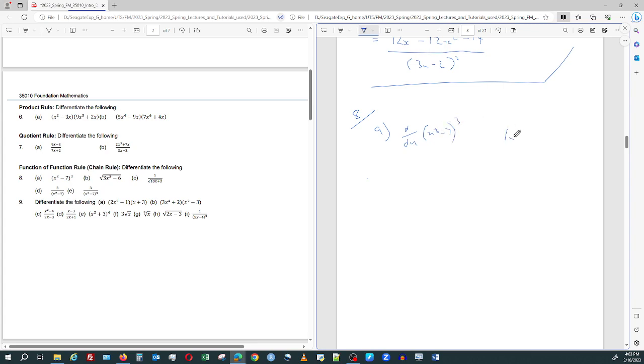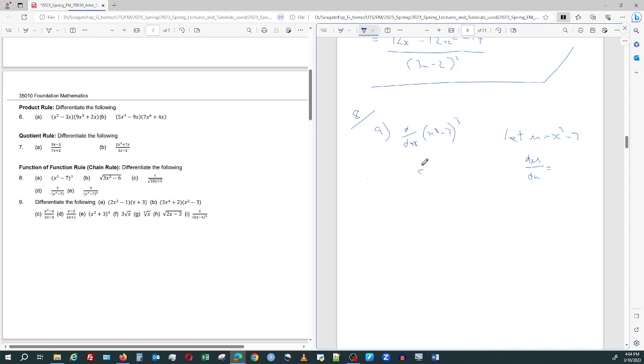I'm going to let u equal x squared minus 7, and Leibniz tells me that that's going to become du dx. Now over here I've changed this to u, so I can't do d dx of something in u.